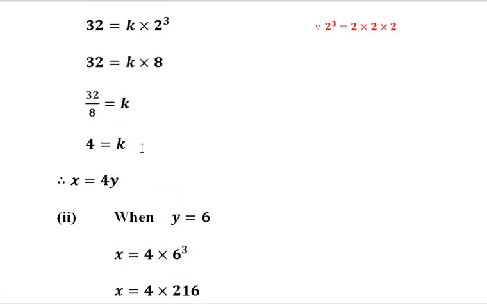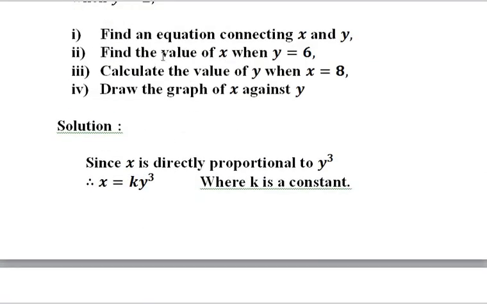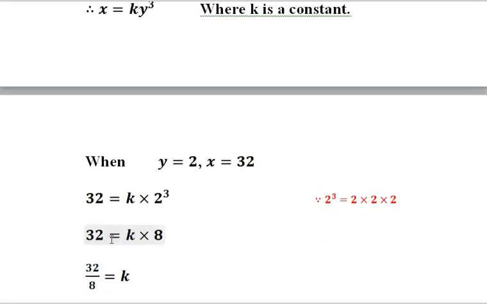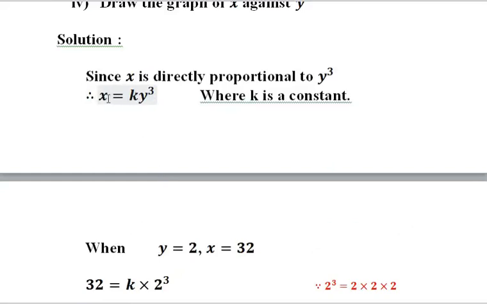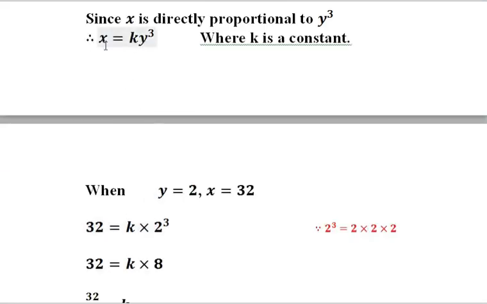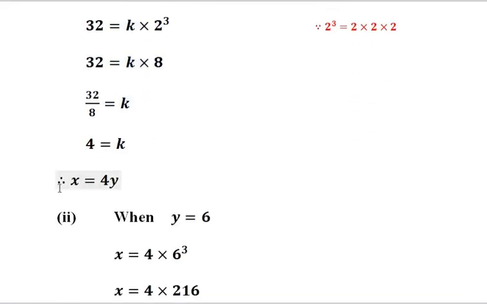So therefore, an equation connecting x and y is x equals 4y. Actually, this is the equation where k is 4. So this equation becomes x equals ky cube as x equals 4y.